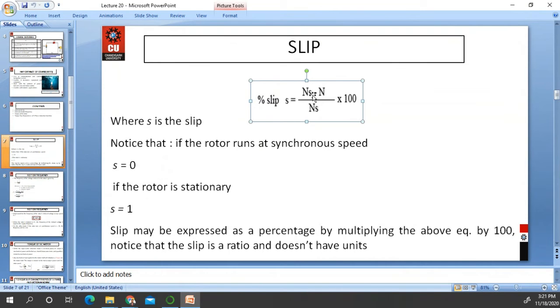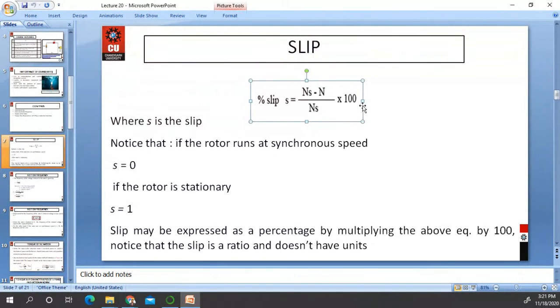We know that slip is equal to Ns minus Nr divided by Ns multiplied by 100. Nr is the rotor speed, or the actual speed, and to calculate in percentage, we multiply by 100.